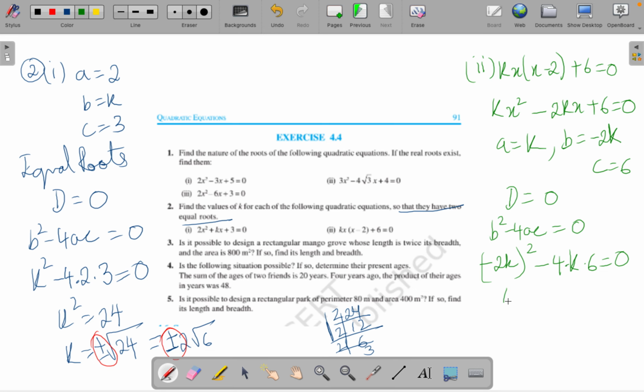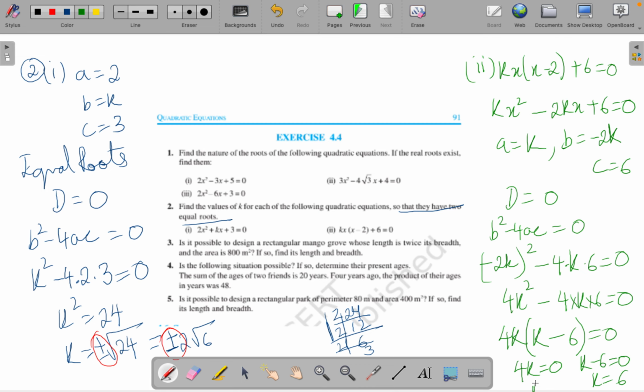Let's multiply. This is 4k square minus 24, okay, let me write it like this only. I will tell you why I am writing like this. Can I take 4k common since I already have to factorize? So 4k can be taken common. So inside it is left as k minus 6, children. So 4k equals 0 is one factor and k minus 6 equals 0 is another factor.